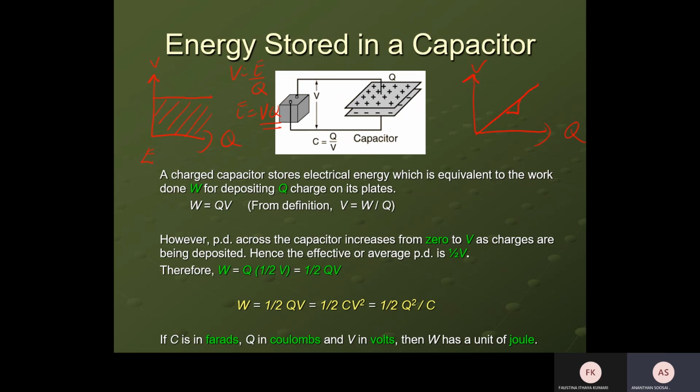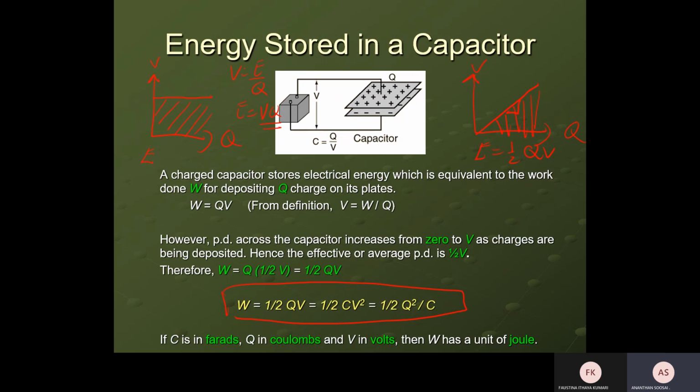So what is the energy stored in the capacitor? The area in the graph of V versus Q is the energy stored. It is half QV. That's the formula given here. The energy stored in the capacitor is half QV.